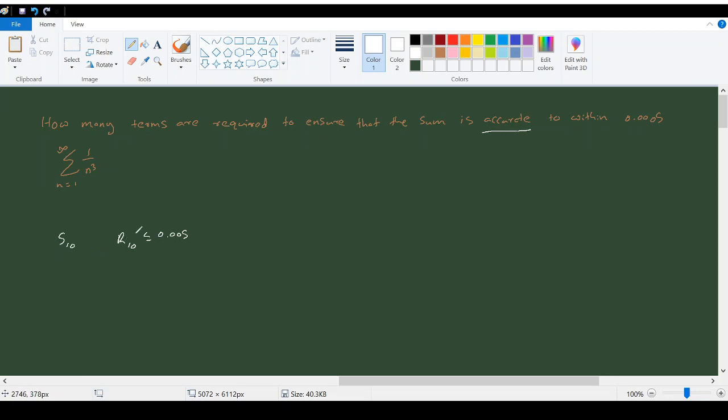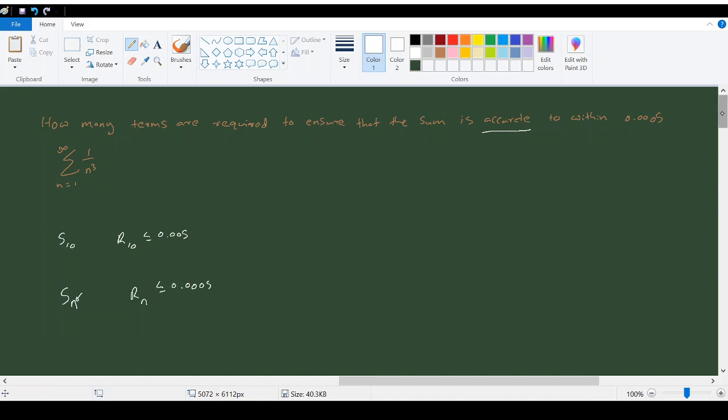Here the question asks how many terms we have to add so that the error of the addition of those terms will be less than 0.0005. So this should be much more accurate than the previous one, right?